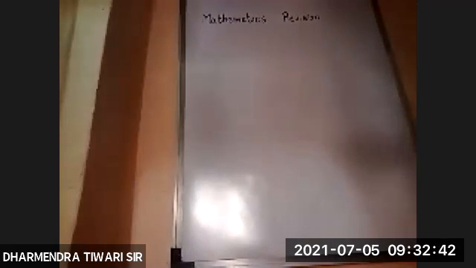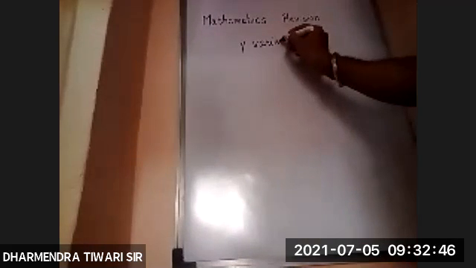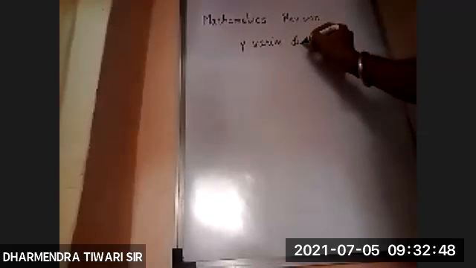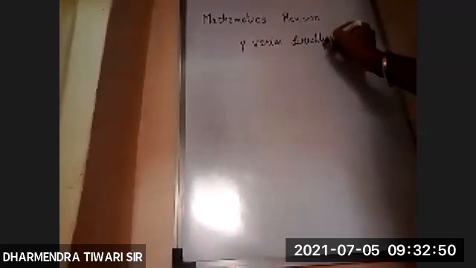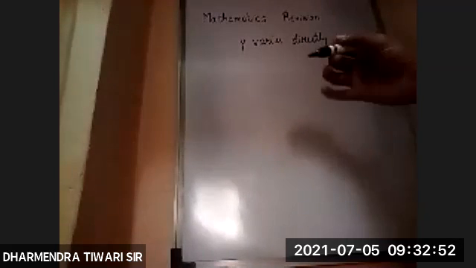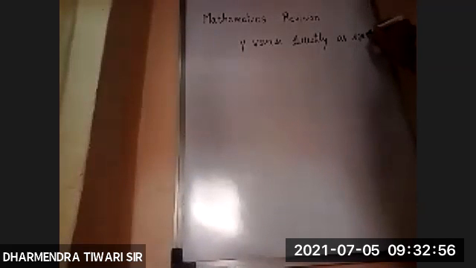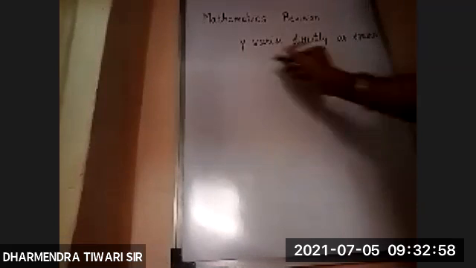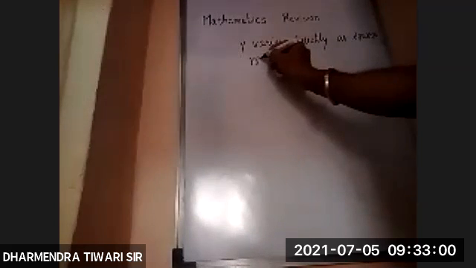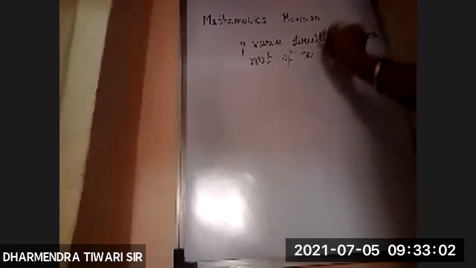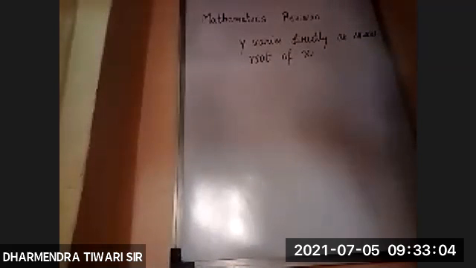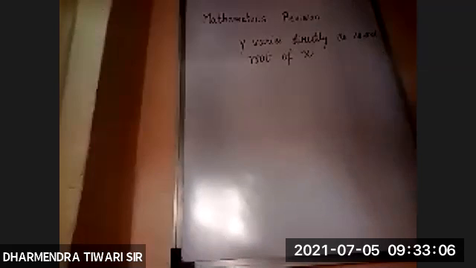So, say y varies directly as square root of x. Now, what do you mean by this? Y varies directly as square root of x.